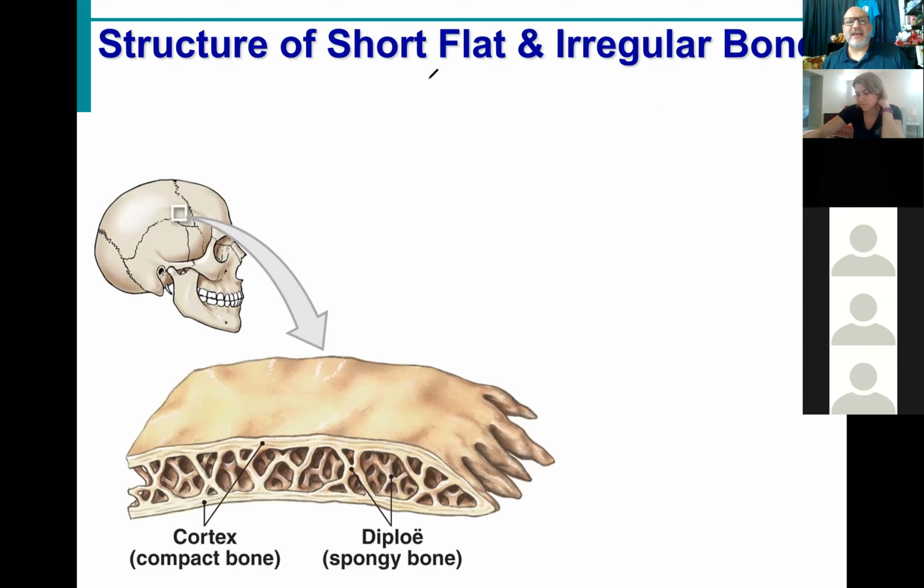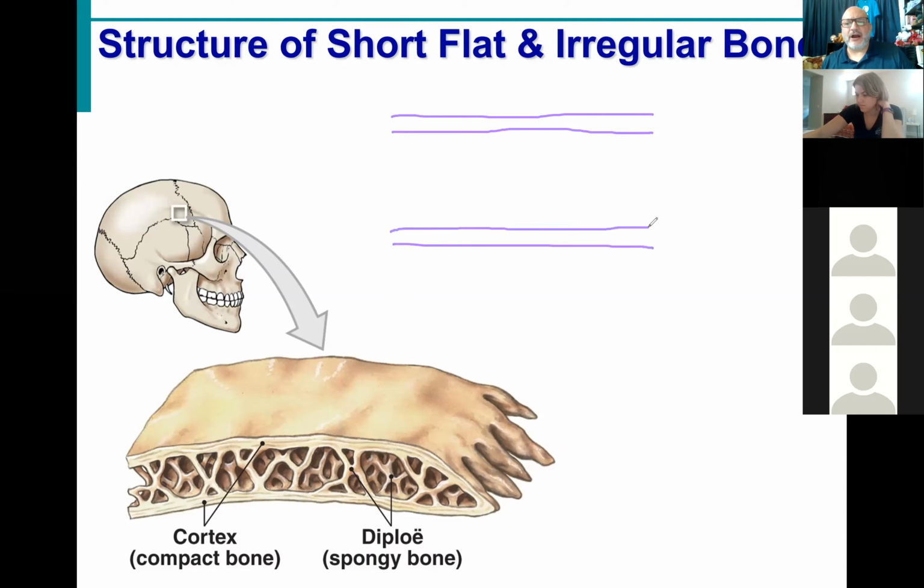It has a thin layer of compact bone that is on the top and on the bottom, so surrounding the outer portion. And this thin layer of compact bone we call the cortex. As we've talked about before, this organization, cortex on the outside, medulla on the inside, is something we see a lot.